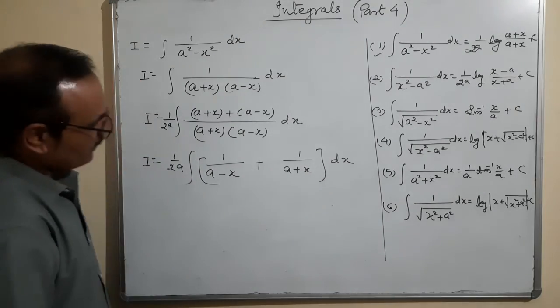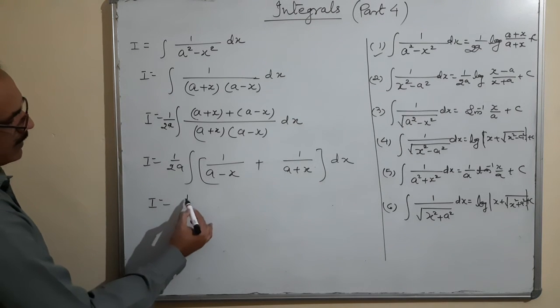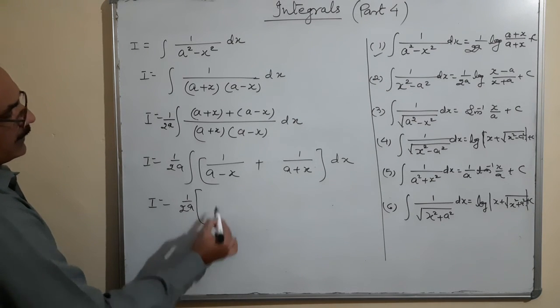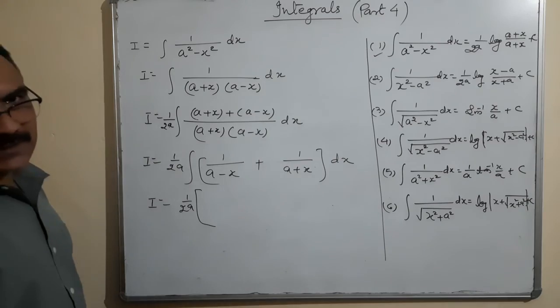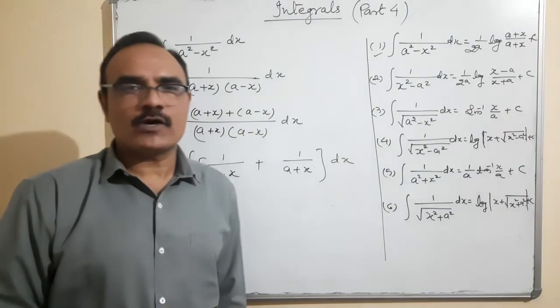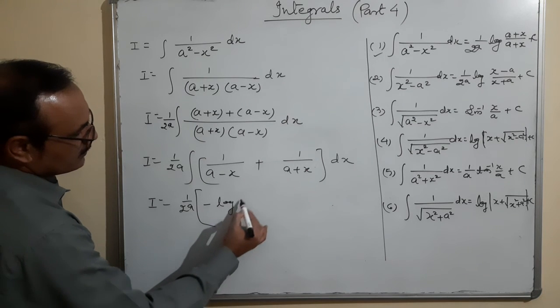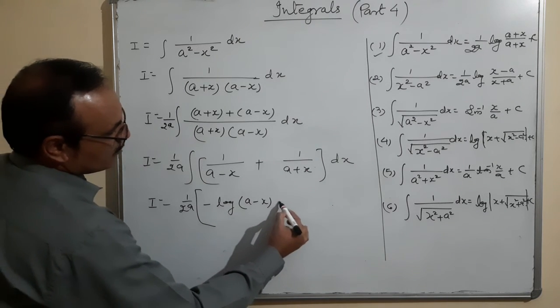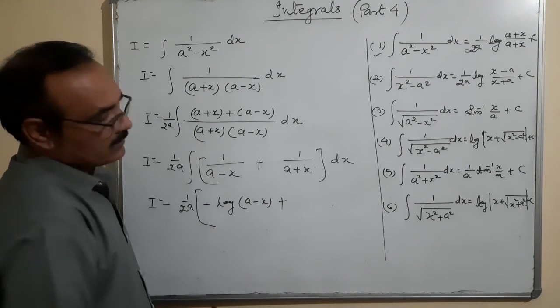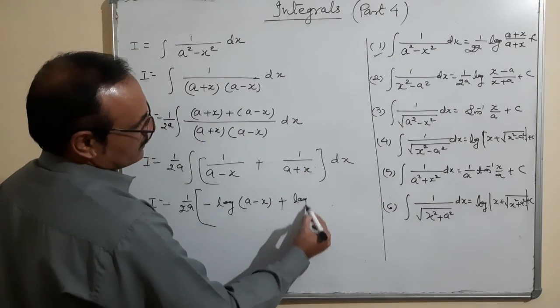dx. I is equal to 1 upon 2a times integration of 1 upon a minus x. Integration of 1 upon x is log x, and because there is a minus sign, it is minus log of a minus x, plus integration of 1 upon a plus x, which is log of a plus x.